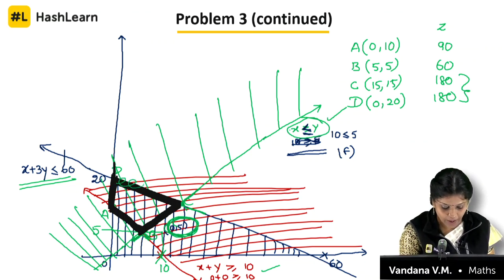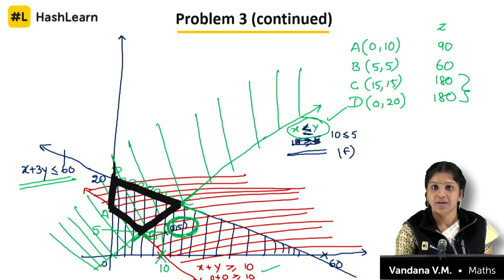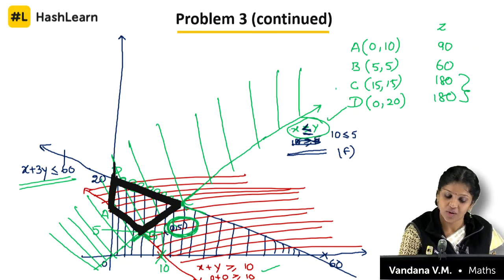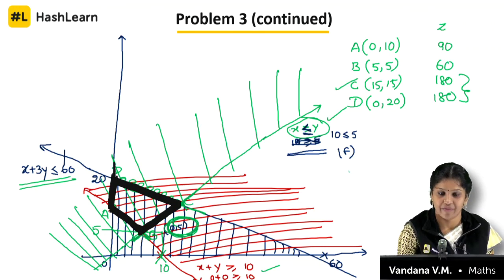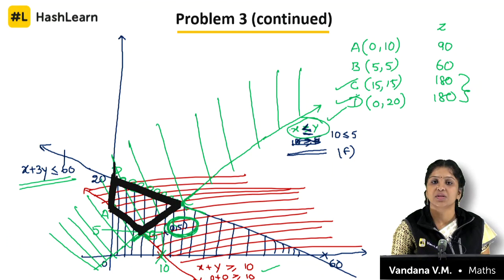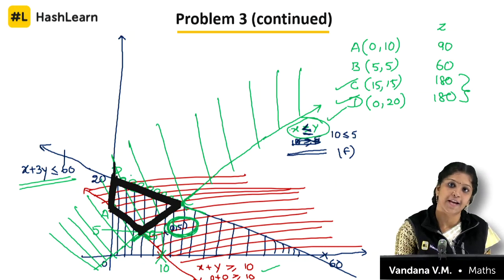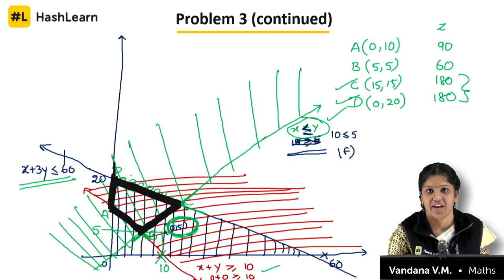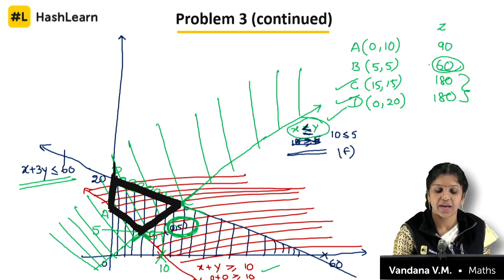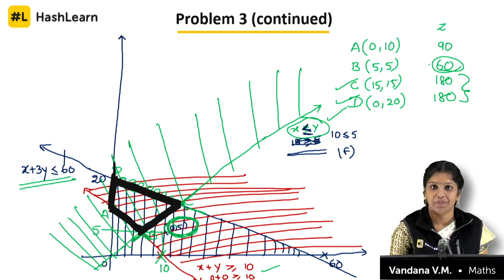That means this whole line joining over here will give us the common points. Not only C but D also will give the maximum value. Understood, right? The line joining C and D also will give the maximum value. Which is minimum? B will give you the minimum value.